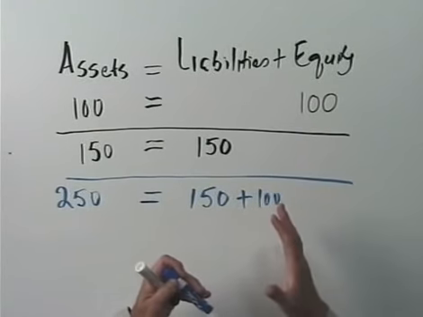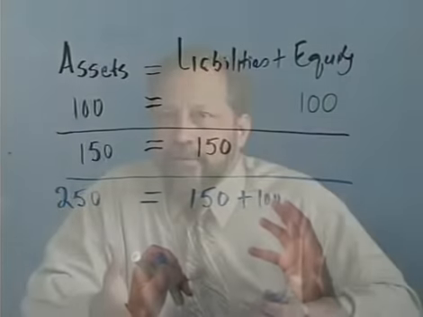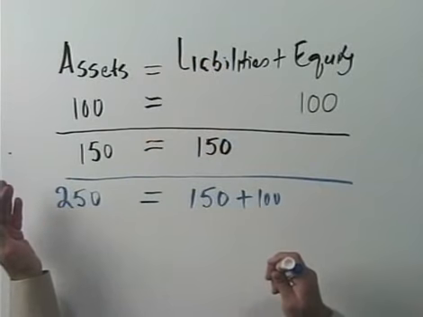So note what we're doing here is we're recording the acquisition of resources, and at the same time we're recording the source of those resources. Where are they coming from? Now what's going to happen over time is that we may use this cash that we have to buy the products that we intend to sell.